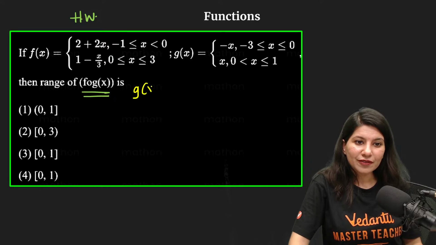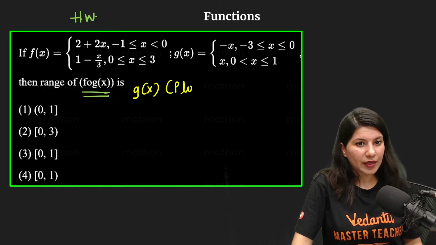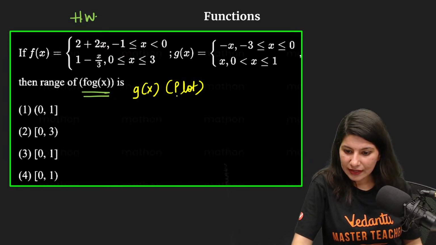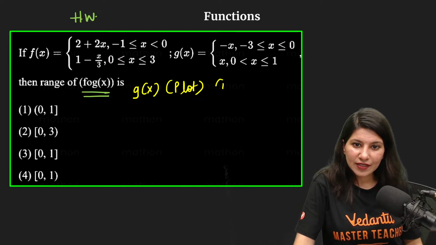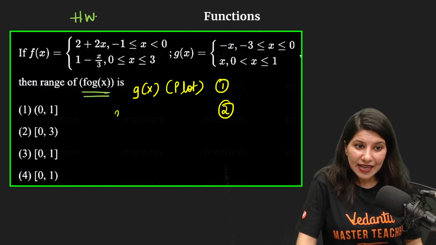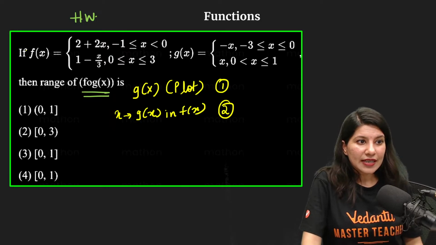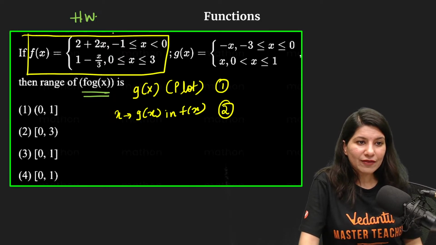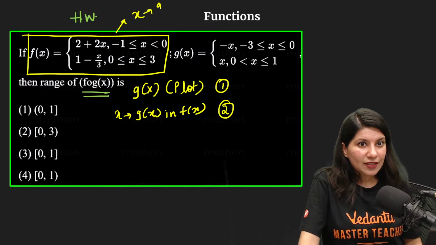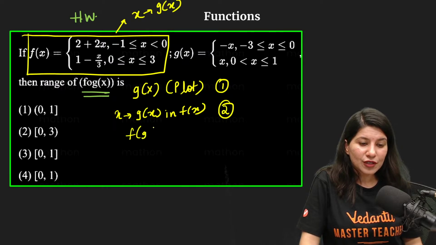Second, replace x by g of x in your f(x), so that you will get f of g of x.